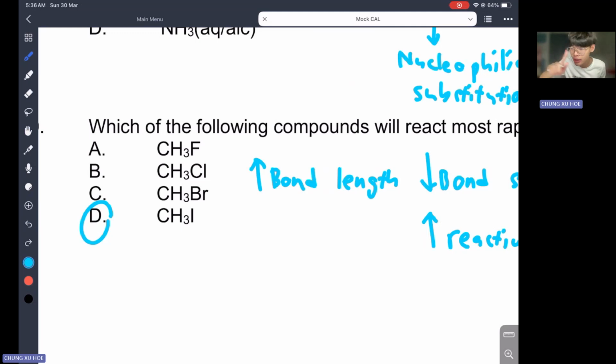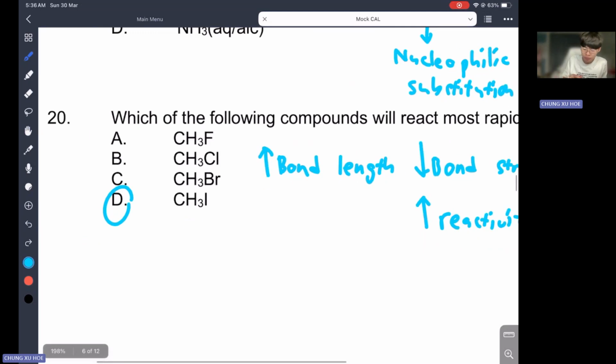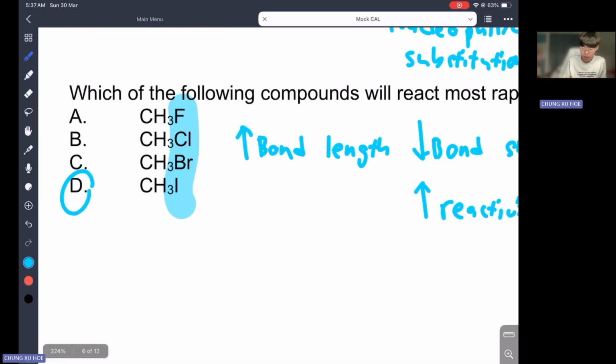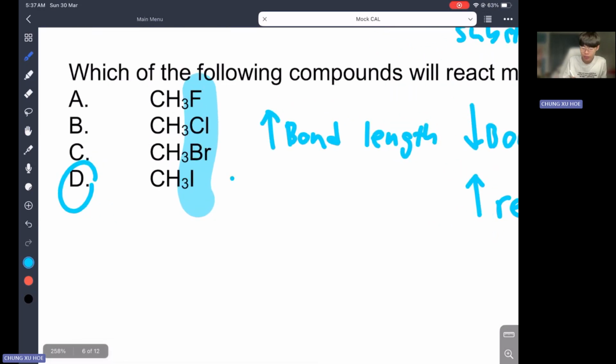Another method to remember is, according to group 17, since it's halogen, your reactivity increases up the group, am I right? Fluorine is the most reactive. But when it combines with an R group here, it's going to be opposite. That means going down, your reactivity increases. This is also one of the methods, remember.